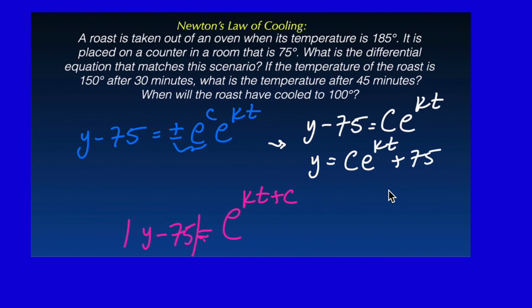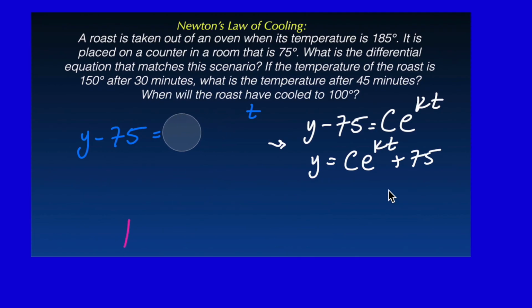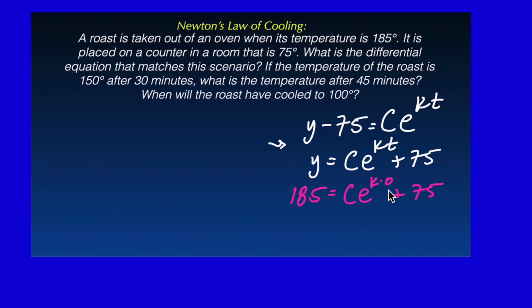Okay, to get our c value, we need to plug in the initial condition of t equals 0. So at t equals 0, we know the temperature of the roast when it's pulled right out of the oven is 185 degrees. This is going to be c times e to the k times 0 plus 75. e to the 0 is 1.